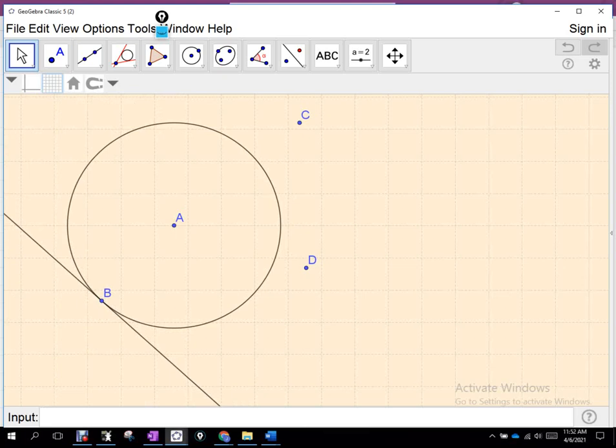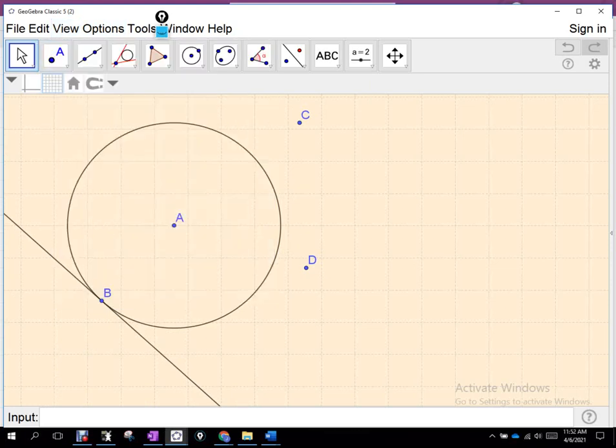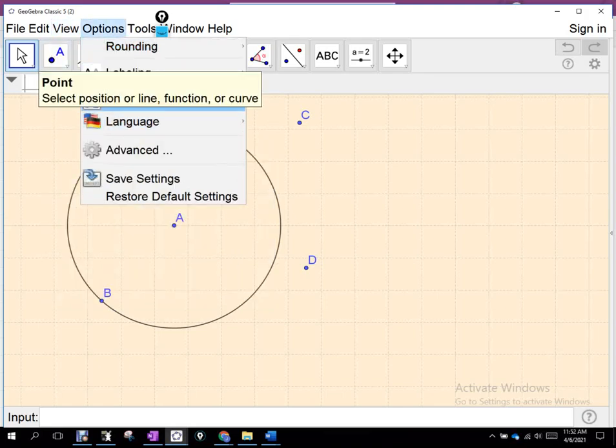They have to be in the same plane. So what we mean by that is, let's go to 3D here.